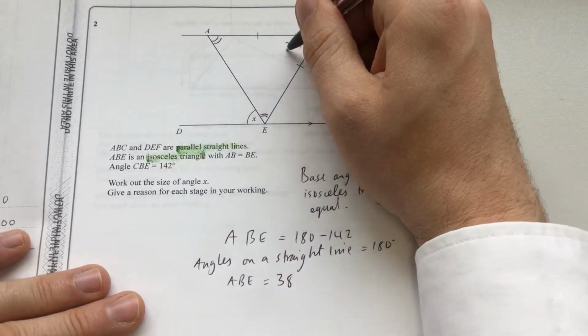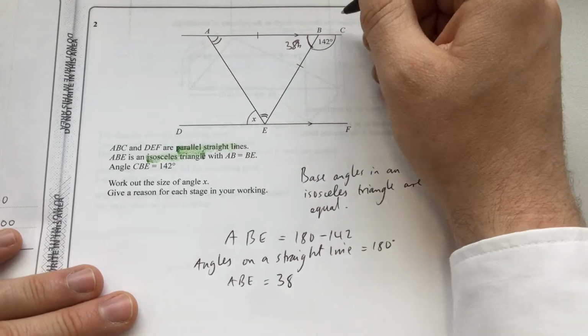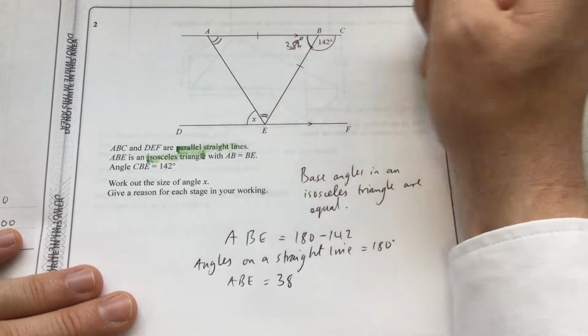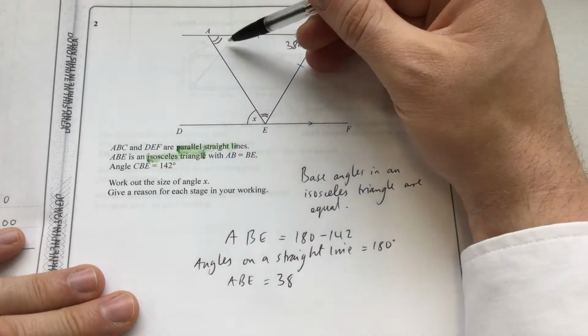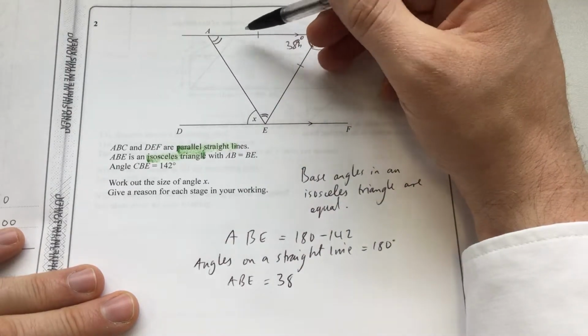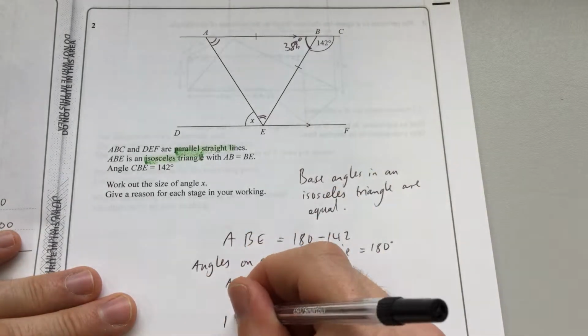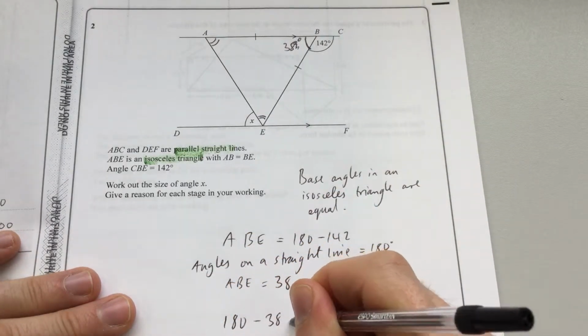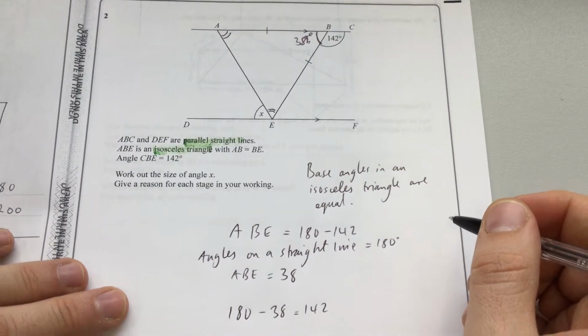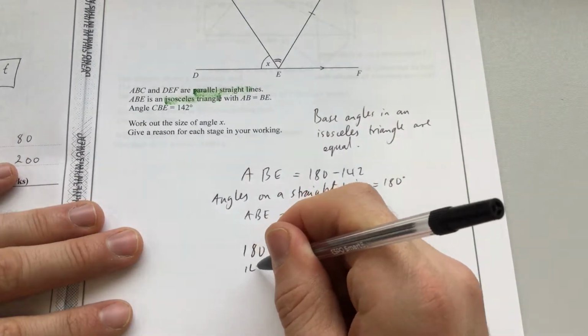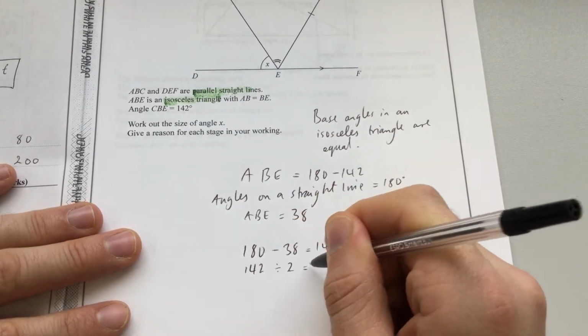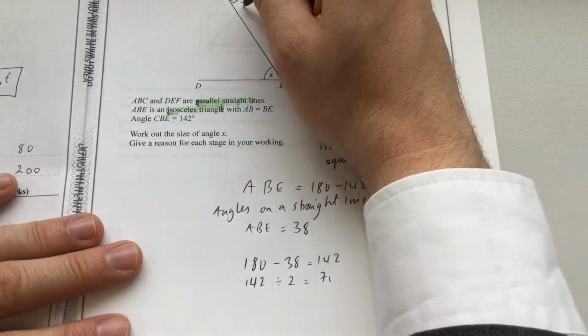So I know that's 38 degrees. And now I can use that to find these base angles. So I know that the base angles are going to be 180 take away 38, which is 142 as we had it earlier. And if I halve that, I know that the base angles are going to be 71 degrees.